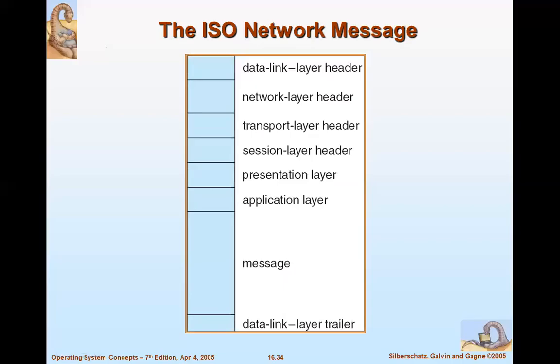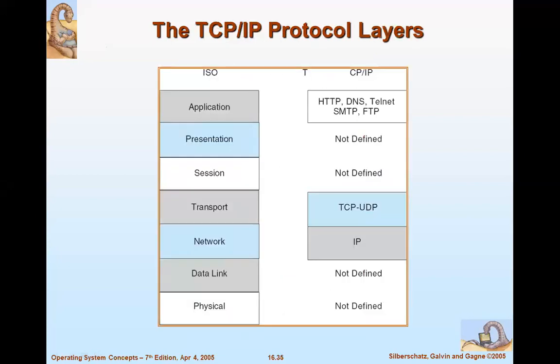Next again you can see the data link layer header will be removed, then network, then transport, then session layer, then presentation and application, and then he will actually get the final message. Similarly, there are different protocols, one working on each layer.